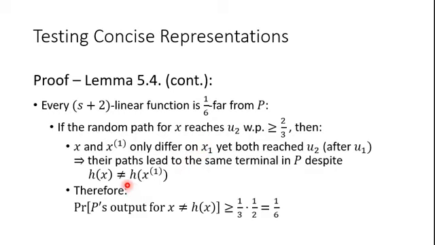So therefore, again, we have that the probability of P's output for x, let's assume here x without loss of generality, is not equal to h of x, is larger or equal to 1/3, 1/3 for being in the scenario where both reached U2, times half for being in the scenario where we happen to choose x for which h of x does not equal the terminal that they both reached. Again, this is without loss of generality. It could also be x1. And this is larger or equal to 1/6.